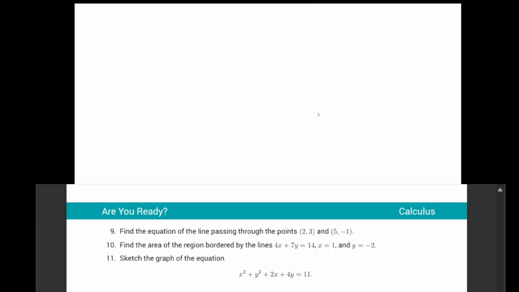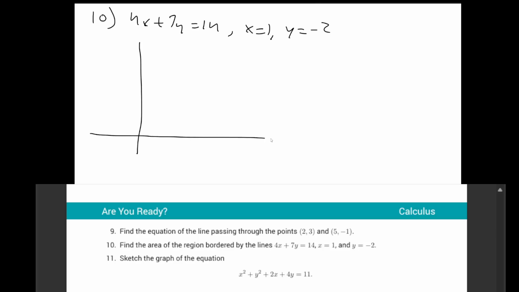Find the area of the region bordered by the lines, and we'll write 10 here, bordered by the lines 4x plus 7y equals 14, x equals 1, and y equals negative 2. This one, maybe you have to think about it, maybe you don't. I'm going to think about this by drawing a little picture, not too accurate, but you get what I mean.